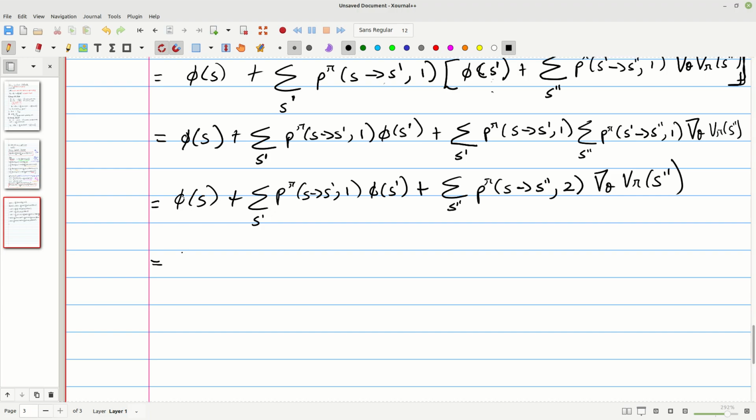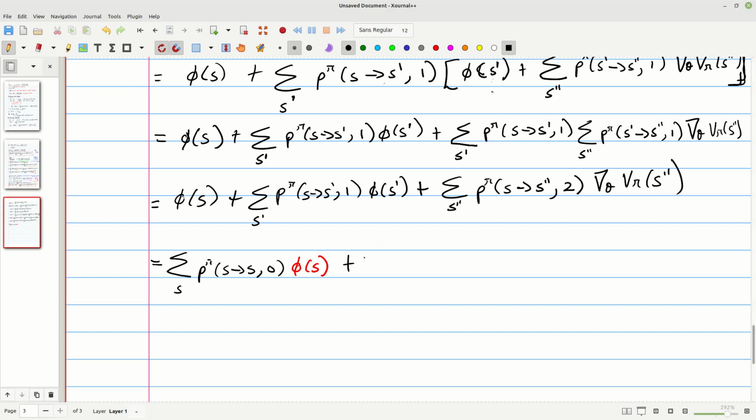I'm going to say the summation over s of p prime from s to s in 0 steps times phi of s. And let me write this phi of s in a different color here.